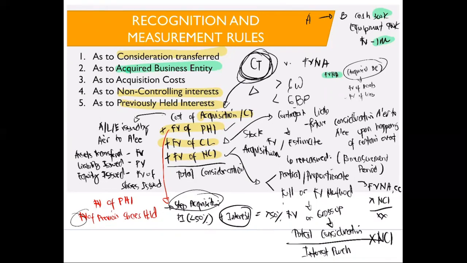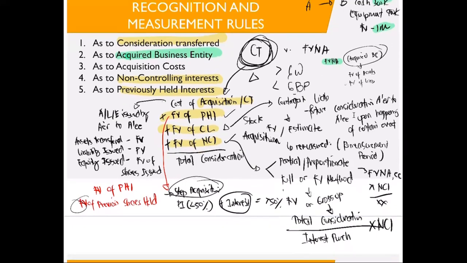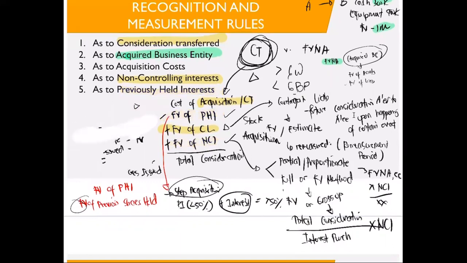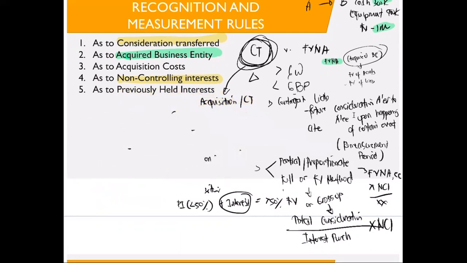Therefore, guys, if we will now recapitulate everything from your effects or mode of affecting your business combination up to this particular topic, what do we need to understand? We need to understand the formula in computing the goodwill or gain on bargain purchase. So how do we compute the formula of your goodwill or gain on bargain purchase?